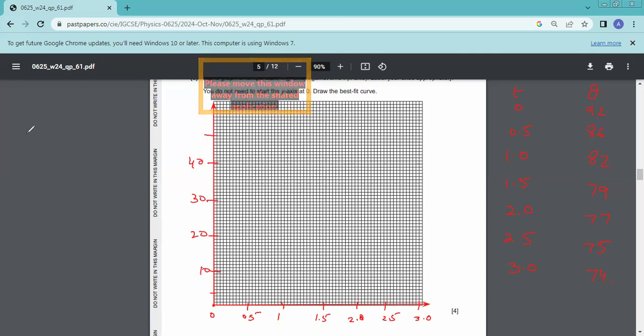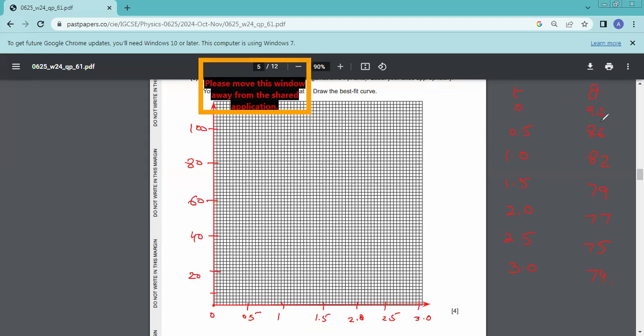So maybe we can use the values where the values can be 20. It could be 20, 40, 60, 80, and here the value can be 100. Right. Okay. Now let's start plotting the values.